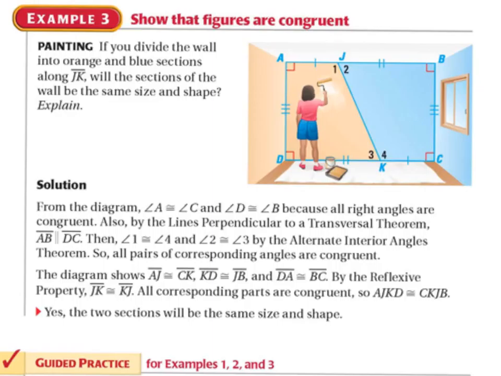And then we can show that angle 1 is congruent to angle 4, and angle 2 is congruent to angle 3. And we can do that by the alternate interior angles theorem. So that's our way of showing that our 4 angles are congruent. We already showed our 4 sides are congruent. So yes, the 2 sections will be the same size and shape.